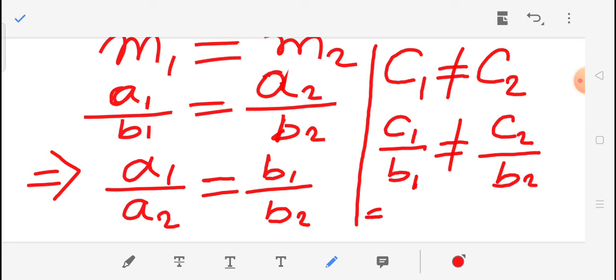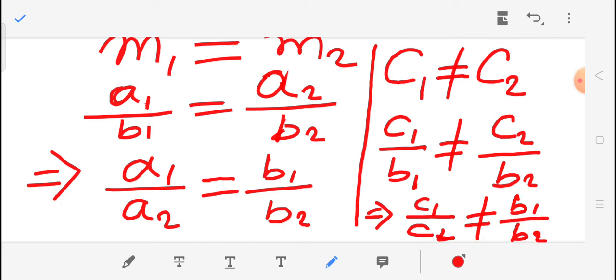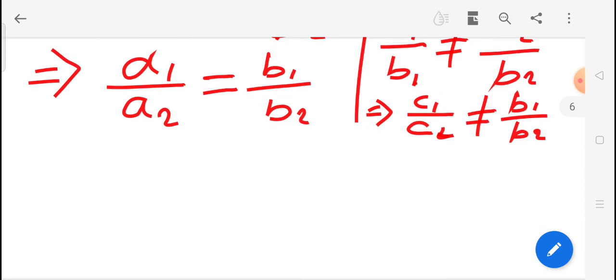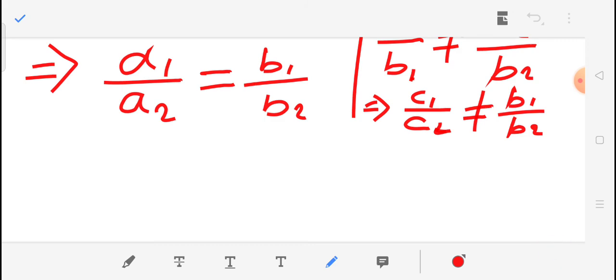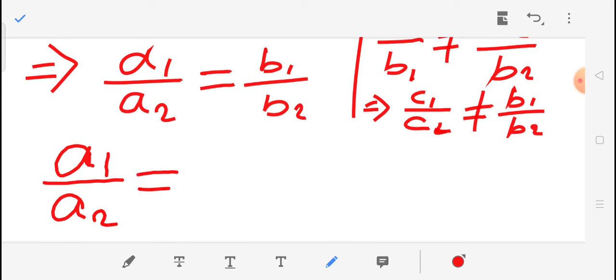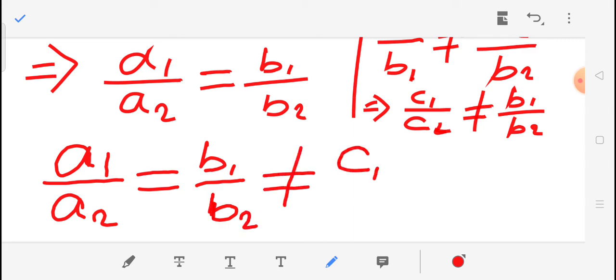Again we can convert this like C1 divided by C2 is not equal to B1 divided by B2. So finally we can conclude that A1 divided by A2 equals B1 divided by B2 is not equal to C1 divided by C2. So this is the final condition.